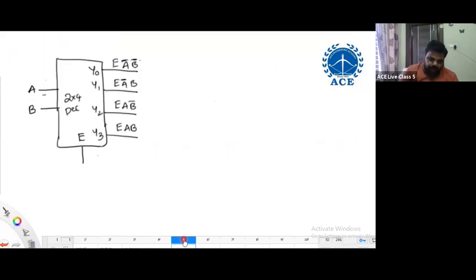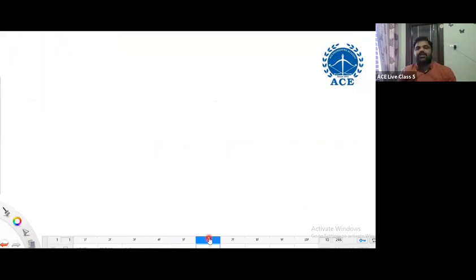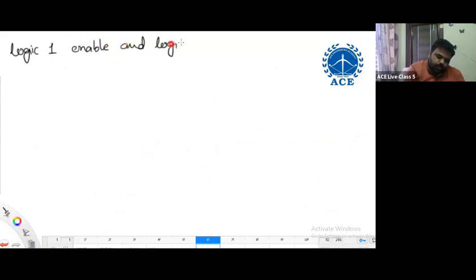Here I am writing once again with the headings. First one is a logic 1 enable and logic 1 output decoder.